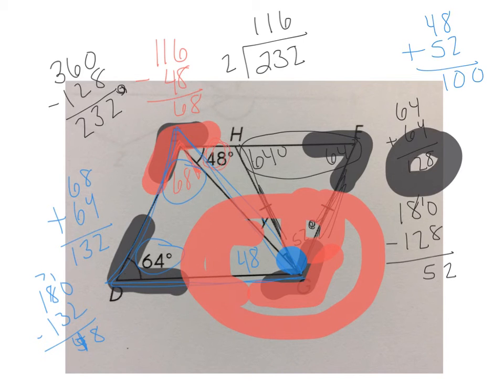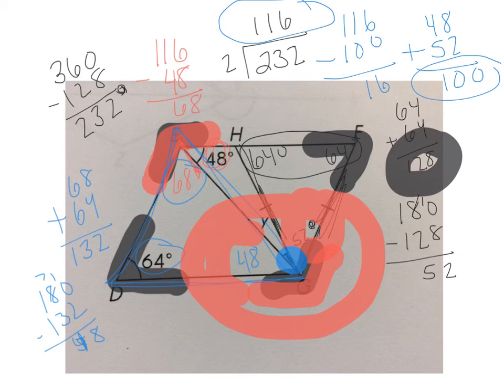And if you remember, I needed to get that angle to equal 116 degrees. I already know the measurement of 100 of it. I'm going to subtract that from the 116, and I am left with 16 degrees for that tiny angle.